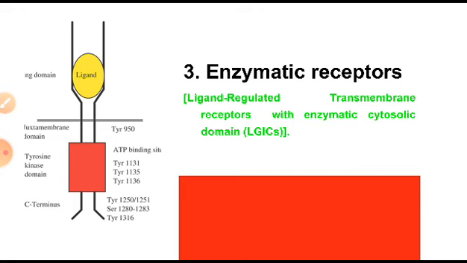As you have seen in the previous receptor, the receptor with intrinsic ion channel had the ion channel built in, in the same structure. Now in the third type of receptor, the enzymatic receptors, the enzyme is in the receptor itself.